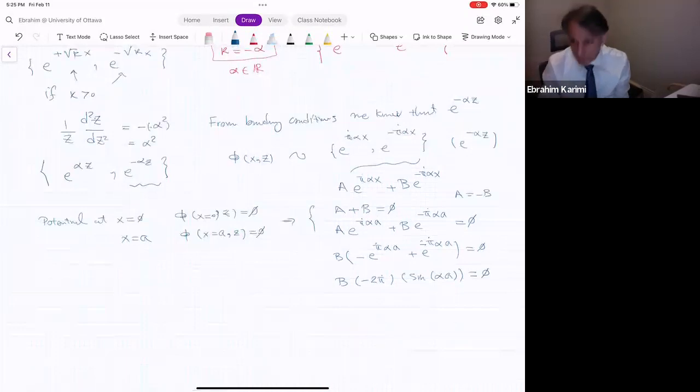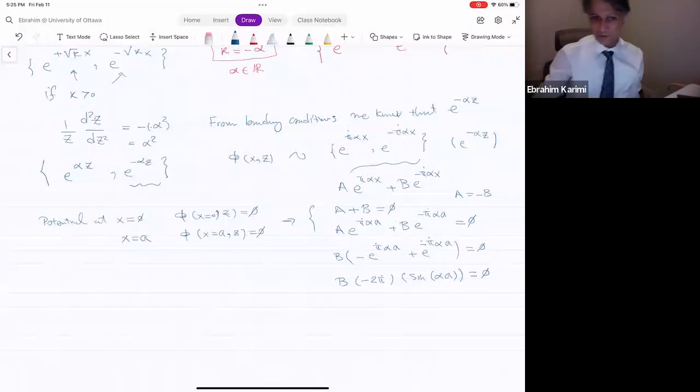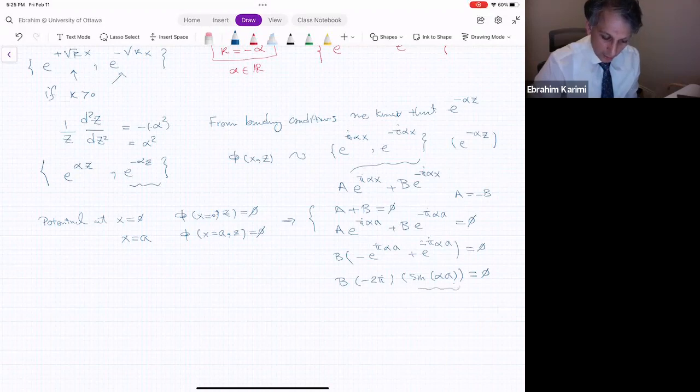B cannot be 0 because if you set b equal to 0, it means that also a is equal to 0. It means that there is no solution. That's a trivial answer. And then the only solution that we will get is sine of alpha a should be equal to 0 for any a value that we do have. So it means that alpha a should be equal to n pi.